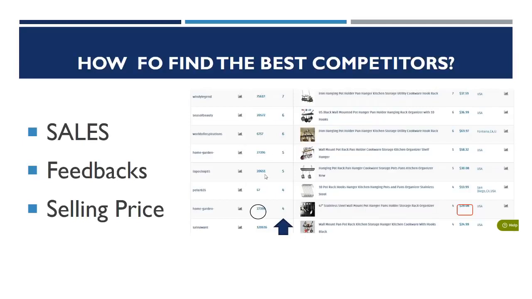Okay. We have the list of feedbacks, and we have the number of sales, how many times this seller sold this item. And here we have the number of items, the price. Okay. So we want to find the seller that has the fewer feedbacks with the most sales with the highest price.